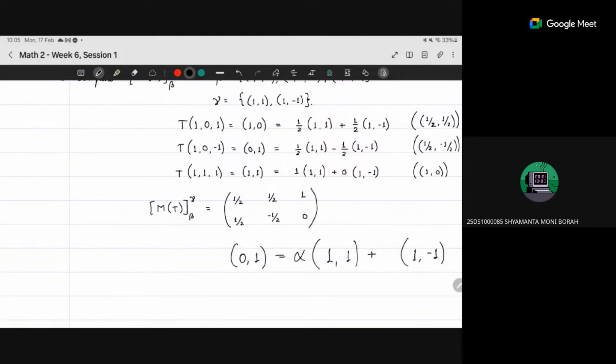How do I find alpha and beta such that this equation is satisfied? Alpha will be 1/2 and beta will be -1/2. Correct? So those are the coordinates. The coefficients of the basis vectors which have to be used to get the given vector are called the coordinates of that vector in that system.